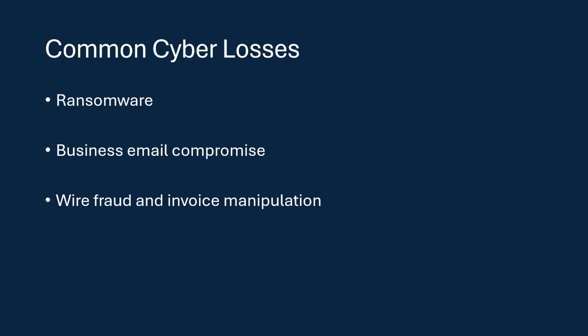And then lastly, the most common cyber loss is wire fraud and invoice manipulation. With enhancements in artificial intelligence, cyber attacks are using deep fakes via video or phone impersonation to scam victims into sending money or confidential information.